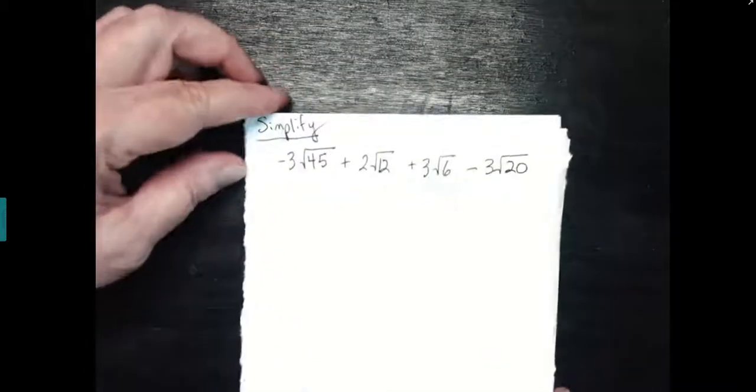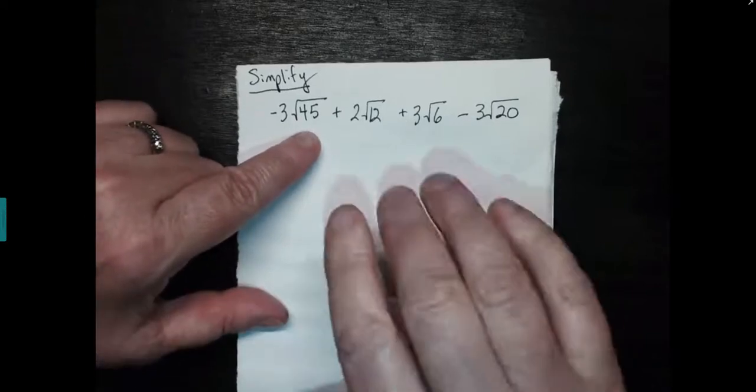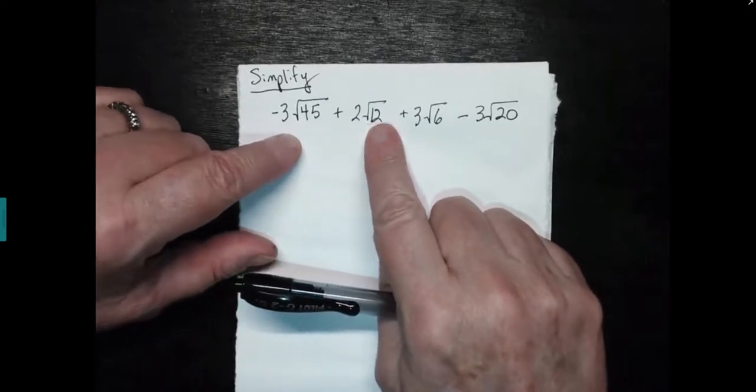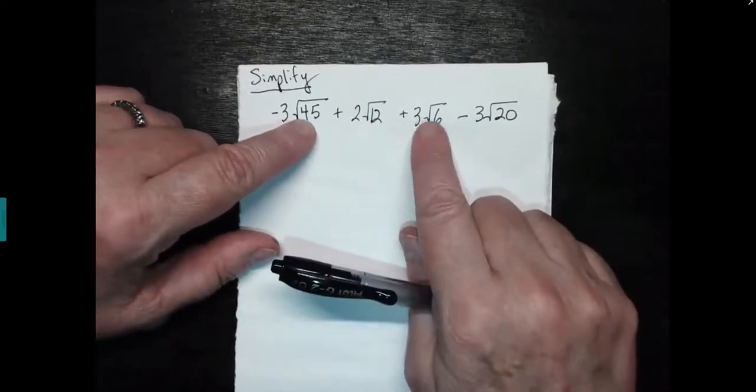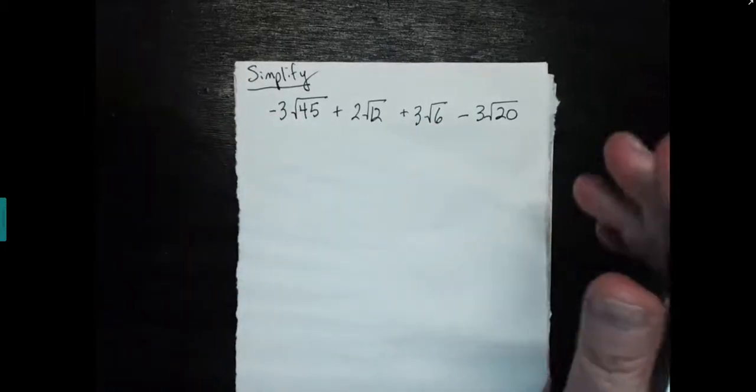Okay, so let's look at this problem. You cannot use a graphing calculator, a calculator of any kind, because you'd get some kind of decimal. That's not what's being asked for here. Now you can only combine these if the root is the same. They're all square roots, but the number under the square root symbol, under the radical, has to be the same. So we can't yet.